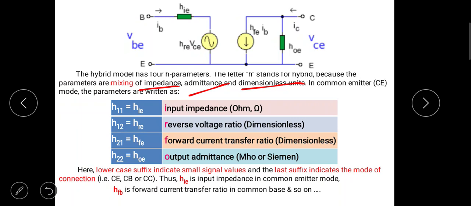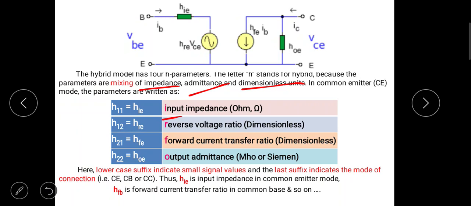Try to concentrate on this suffix IE. Here the I indicates input impedance and the E indicates the common emitter mode of the transistor. So this complete parameter HIE indicates the input impedance of a common emitter transistor, and of course H indicates hybrid parameter.